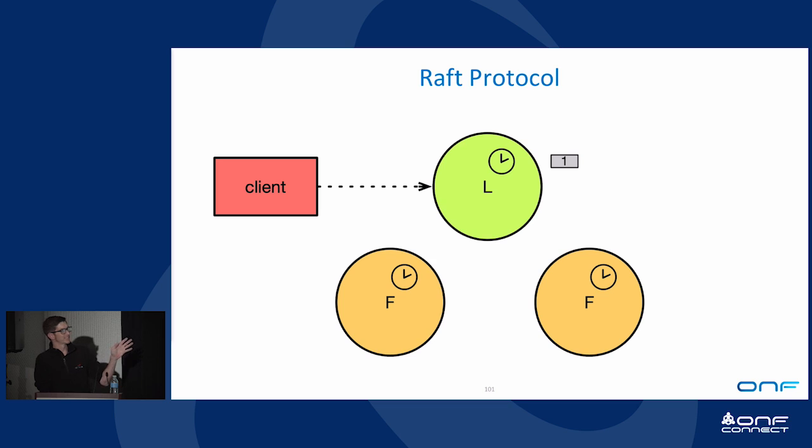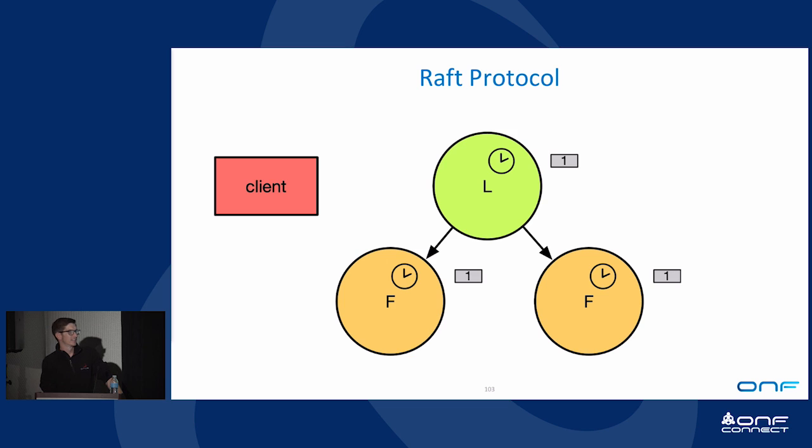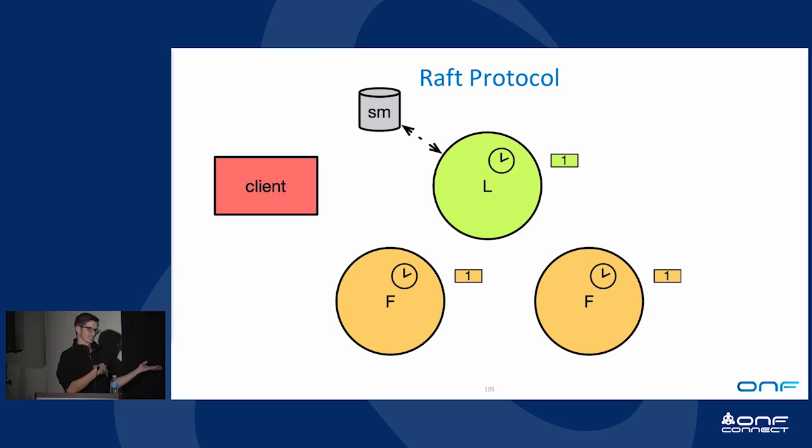The leader will append an entry saying, oh, hey, this is a put operation with this key, with this value on this map. Then it replicates that to its followers, which write those entries to their own logs and respond, acknowledging the write. Once it's replicated to a majority of the cluster, the leader can commit it, apply it to a state machine, and return the output.